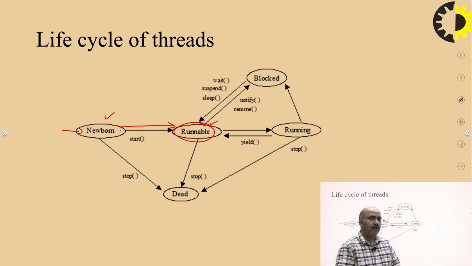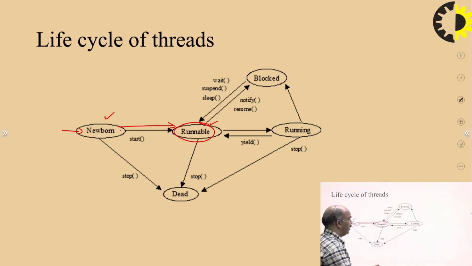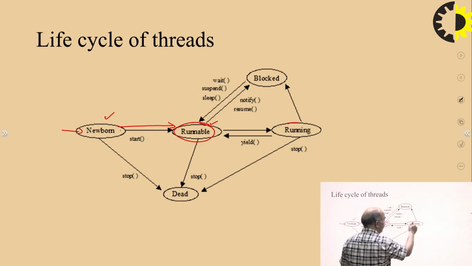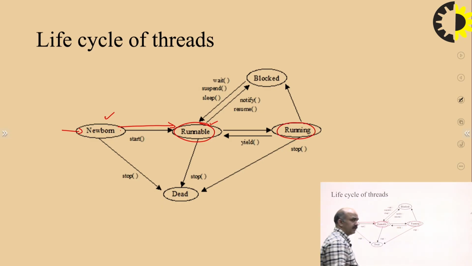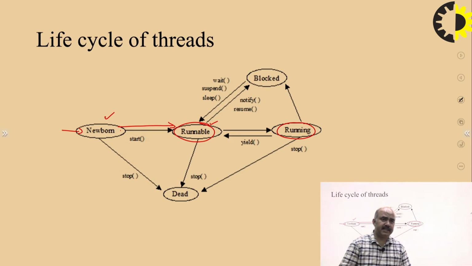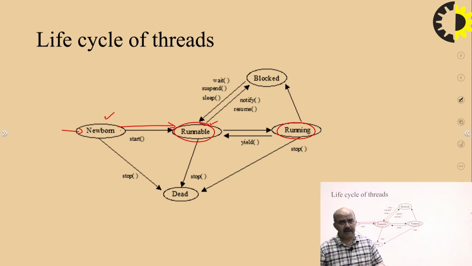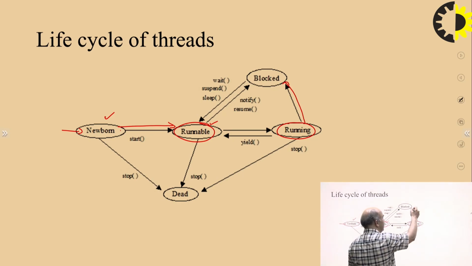Once the resources have been allocated, it moves to the running state. After that, there might be cases, as threads run in parallel, where one thread requires resources which are held by another thread. At that time these threads are blocked in nature, so they move to the blocked state.